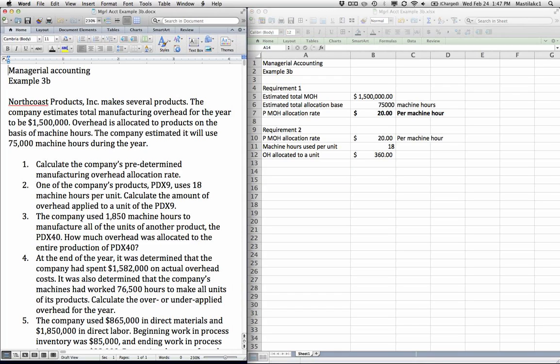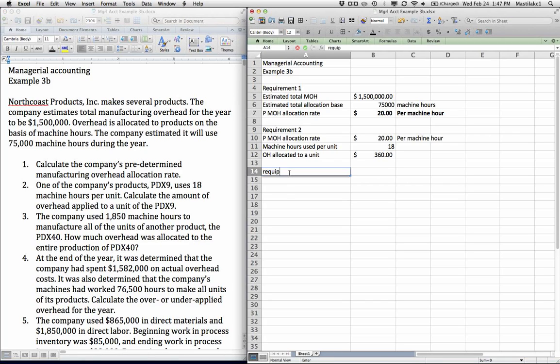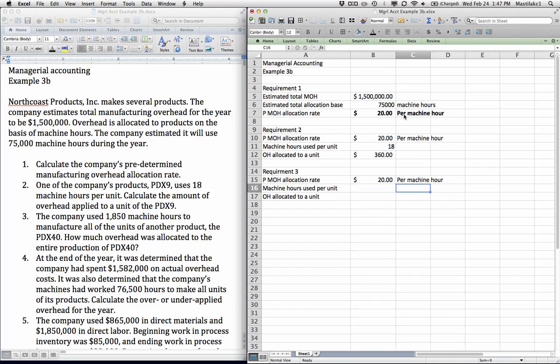We look at requirement 3, we're going to take all the units of a product. We're going to take the same approach of using our predetermined manufacturing overhead allocation rate of $20 per machine hour, except this time it's going to be the machine hours used for all units. And the general approach here is we can use our $20 per machine hour allocation rate to allocate overhead to any cost object at all.